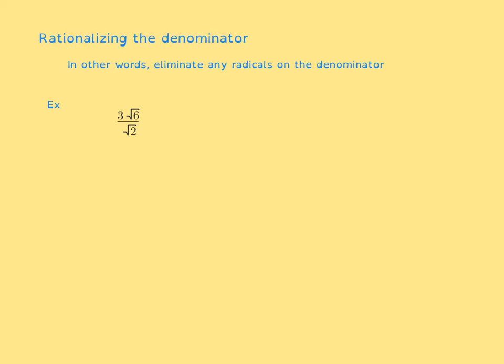And this last example, the root 2 is the problem here on the denominator, so we will multiply top and bottom by root 2. And on the numerator, that's going to give us 3 root 12. Denominator, it's going to give us 2. And now from here, you should recognize that root 12 can be broken down.